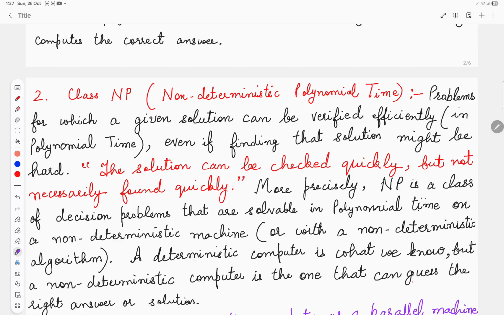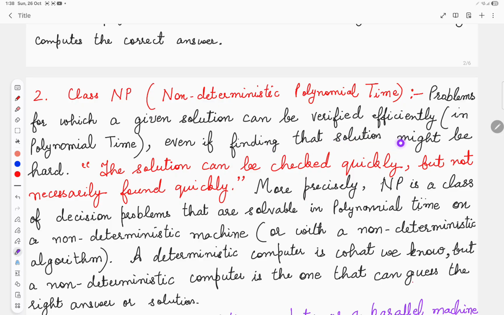Problems for which a given solution can be verified efficiently, in polynomial time. So you do not have to find the ultimate solution, you only have to verify it. If the verification can be done in polynomial time, we will categorize it as class NP type of problems.